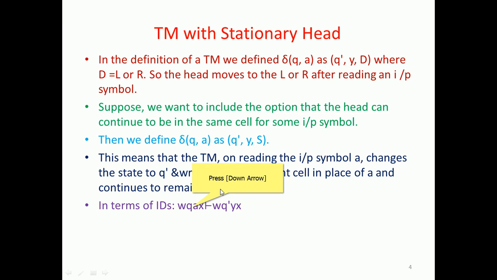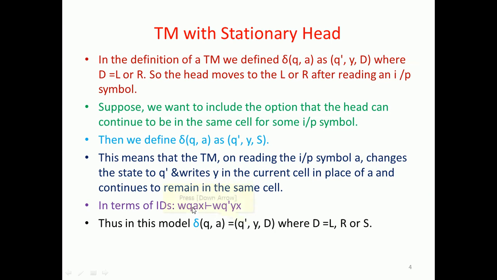Thus in this model, delta of q comma a is equal to q dash comma y comma d, where d is equal to left or right, that is a direction.